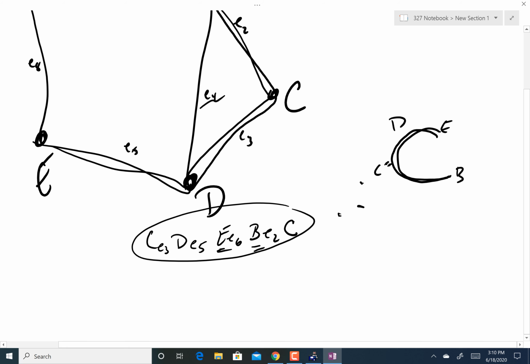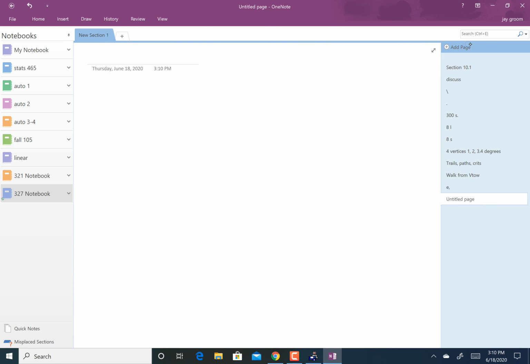Now, here are the fun things. These are the big definitions. An Euler circuit. This is what it means.